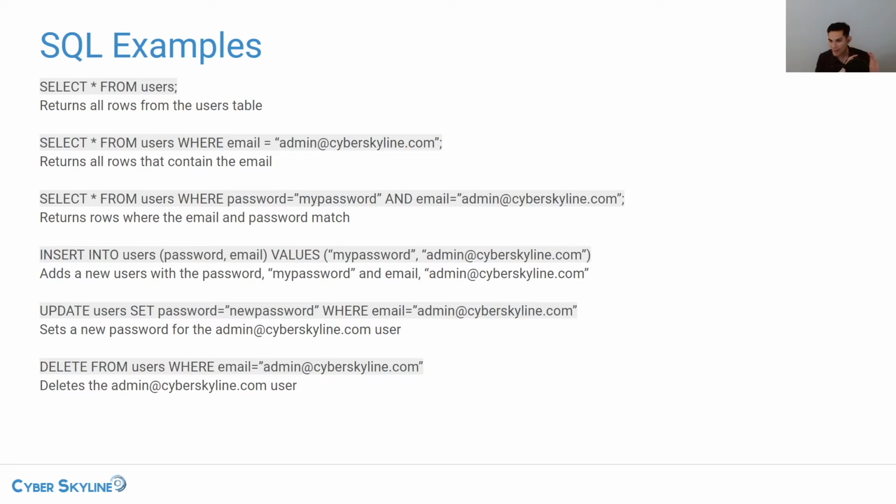So after those parentheses, you see then immediately values, and then there's more parentheses, and then inside there is my password in quotes, comma, admin@cyberskyline.com in quotes. So in this example, because we said users and then password, comma, email, we specifically said we're gonna give the password first and then we're gonna give the email. If instead we said email, comma, password, then we would also need to swap the order in which we provided the actual values.